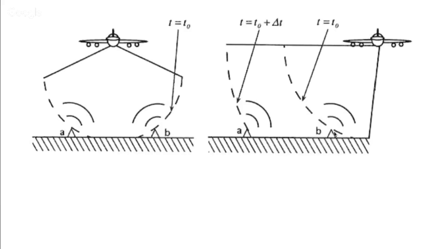If you are not able to detect the phase difference between two features on the ground, like in the scenario on the left side, then you can't tell them apart in the imagery. But if you are able to tell the phase difference apart between two targets, like on the right side, you will be able to tell the two targets apart. This is one more fundamental difference between optical imagery and radar imagery.